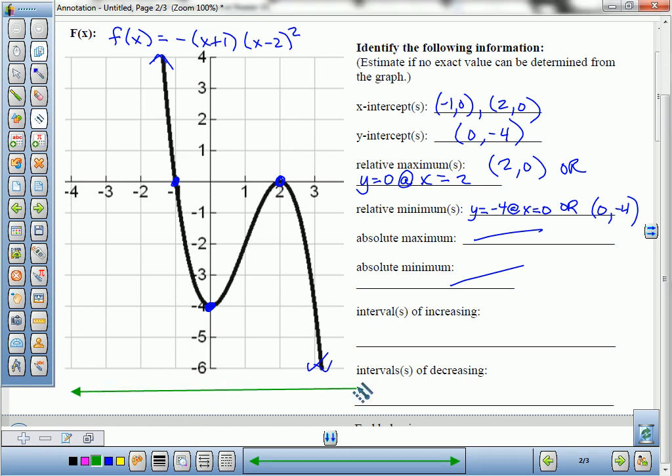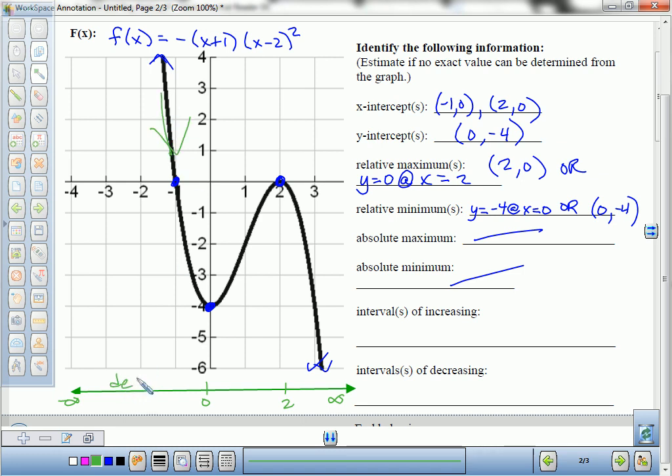All right, increasing, decreasing. On increasing, decreasing, what we're doing is we're looking at the x values as they go from negative infinity to positive infinity and comparing that with what's going on with this function. So, as we go from left to right, do you see we go down first, decreasing.